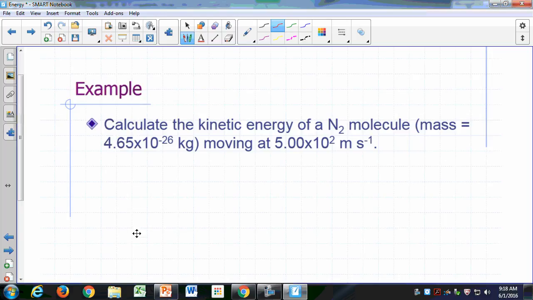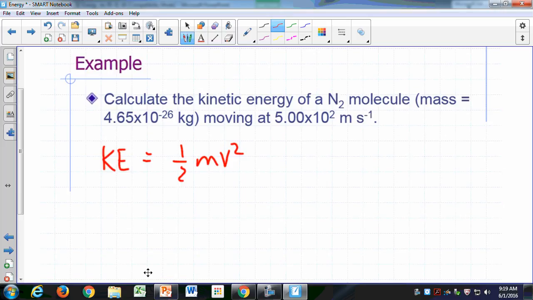Alright, so let's work this out. Kinetic energy equals 1/2 mv squared. It's good practice when working problems to write what's called the working equation, the equation that you're going to use to solve for what you're looking for, in this case kinetic energy. So the formula is 1/2 mv squared. So 1/2, and then you plug in the values for the variables in your expression.